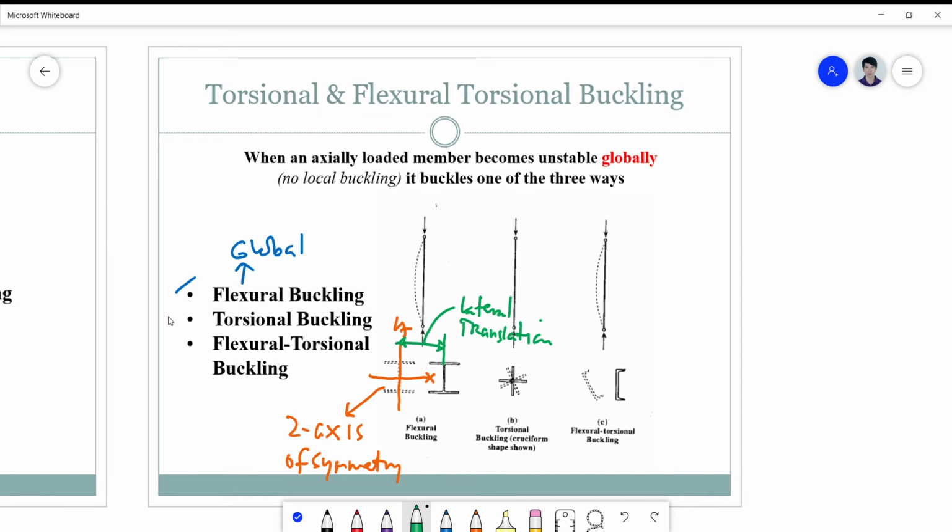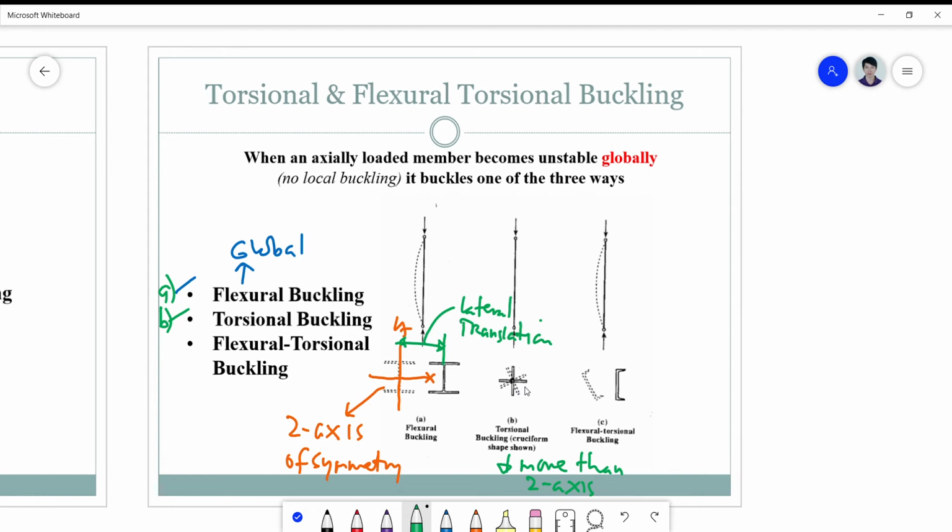So for a torsionally buckled member, such as this in letter B, so this refers to letter A, this is letter B. This is more common on sections which have more than two axes, like a cruciform shape.